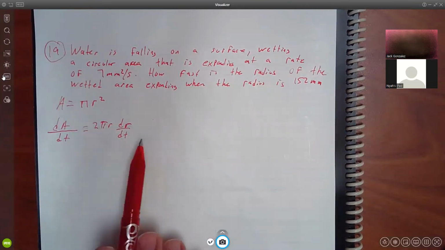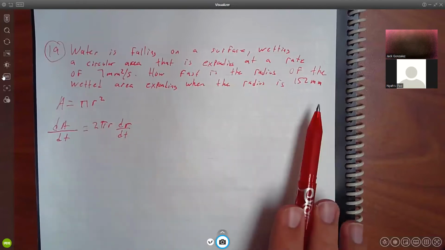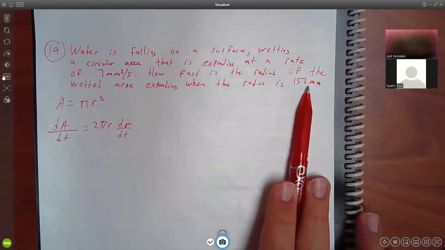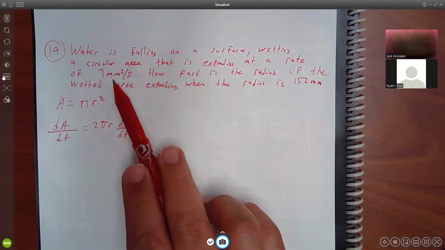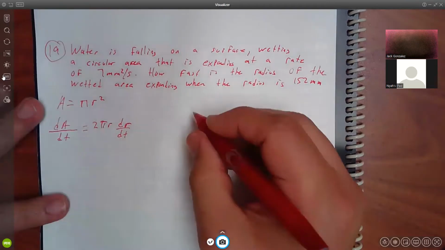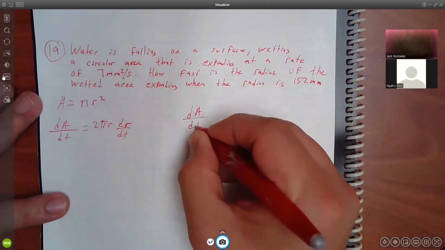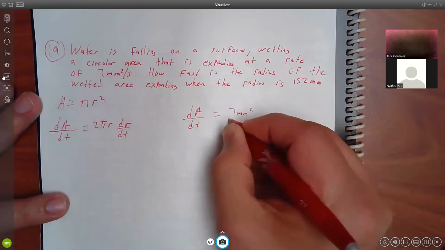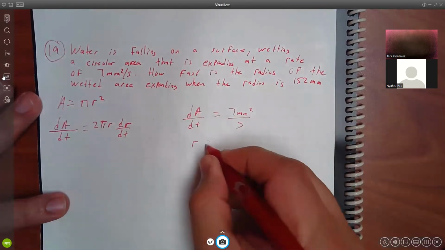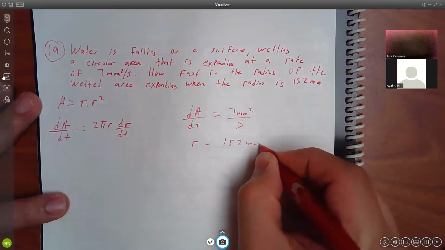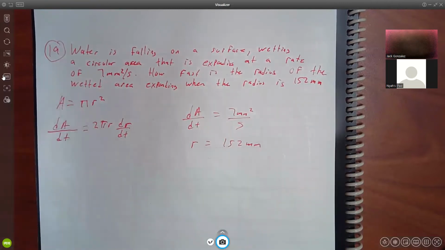So they wanted to solve for this when r is this, and we're given the rate of the area, this is dA/dt, so we actually have everything. dA/dt is 7 millimeters squared per second. r is 152 millimeters. Solve for dr/dt at the end.